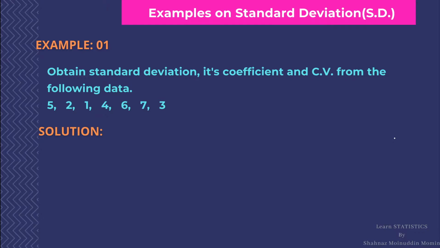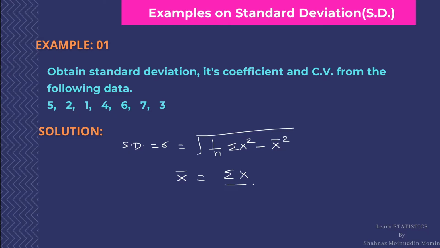We have to calculate the standard deviation. To obtain the standard deviation by the direct method, the formula is: standard deviation, which is denoted by sigma, is equal to under root 1 upon n summation x square minus x bar square, where x bar is the mean of the given observations and it is given, for the individual data, by sum of observations divided by n, that is sum of x divided by n.